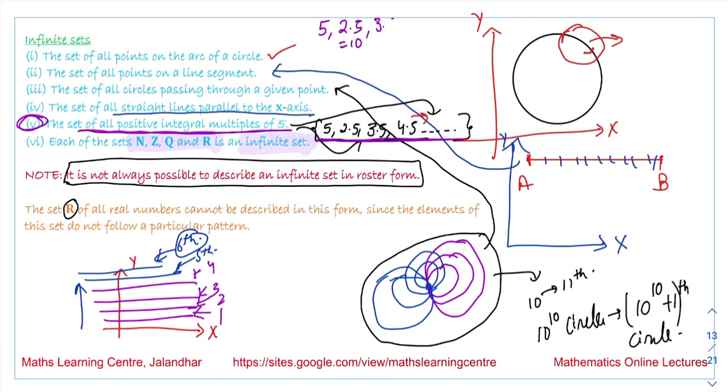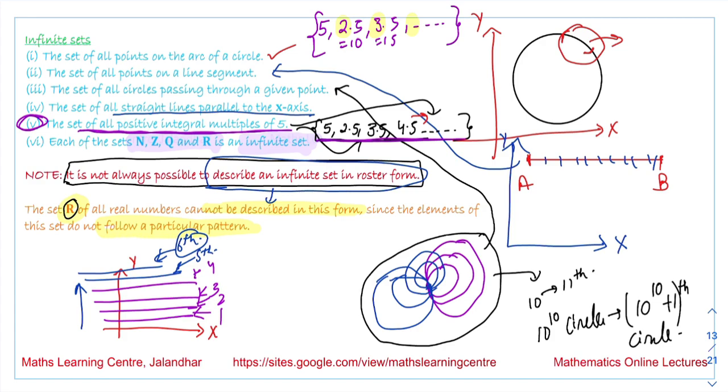The next element is 3 into 5, that is equal to 15, and so on, up to an infinite number of elements. So there is a pattern over here: 2 into 5, then 3 into 5, then 4 into 5, and so on. But when we are talking about the set of real numbers, we do not have any form or any particular pattern in which we can write these numbers. That is why we are saying that it is not always possible to describe infinite sets in the roster form.